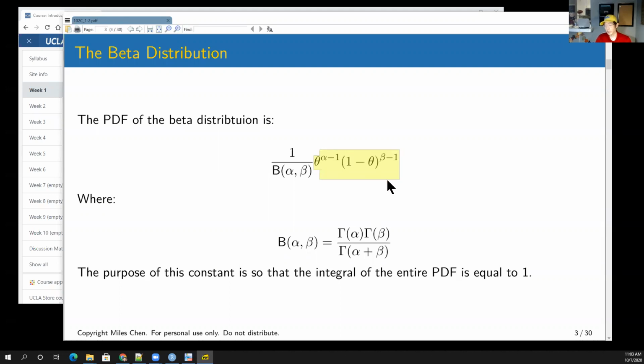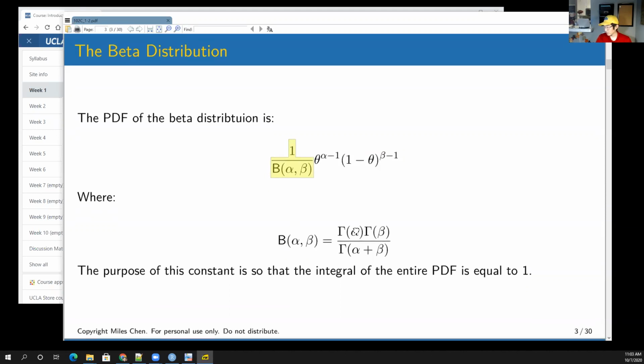The beta of alpha comma beta has a complicated formula using gamma functions, but it's effectively a constant, and its purpose is so that the integral of the entire PDF integrates to 1.